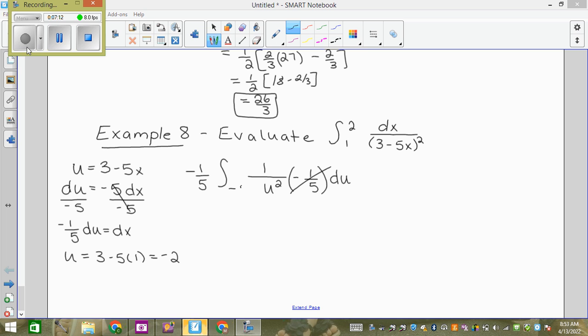So that's going to go on the bottom. And then u equals 3 minus 5 times 2, which is negative 7, which is going to go on the top. And I know that they're backwards, and that doesn't matter.